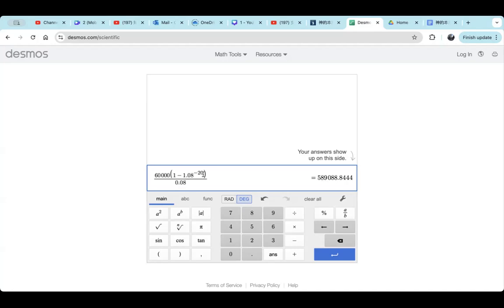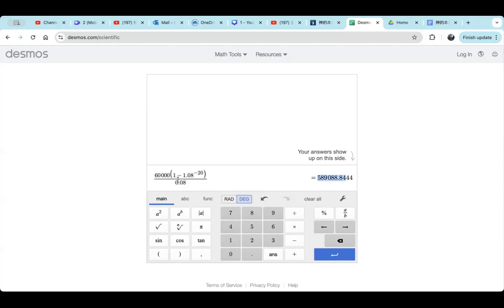Oh, okay, sure. Because I want to withdraw money, right? I want to withdraw $60,000 per year for the next 20 years, with an interest rate of 8% compounded annually. So I need to have this much money, rounded up to 84 cents: $589,088.84 to start with.